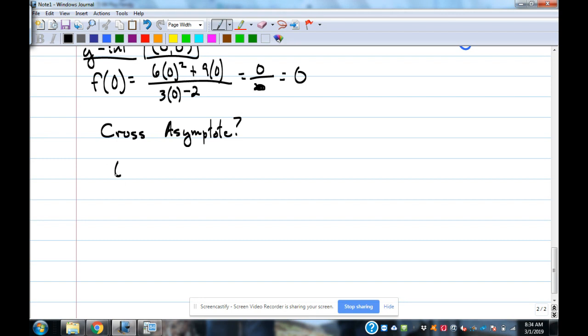So we're taking the function 6x squared plus 9x over 3x minus 2 and setting it equal to the equation that we found for either our horizontal or oblique asymptote. We didn't have a horizontal, we had an oblique for this one. So we set that equal to the 2x plus 13 over 3. And we solve that. Okay.